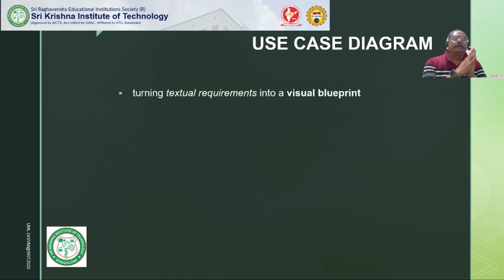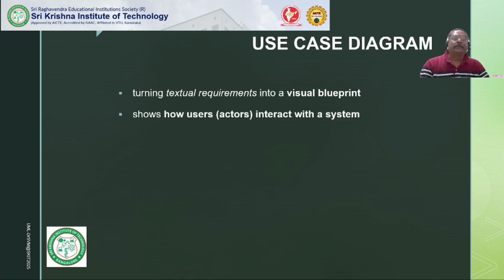So when the requirement collection team has interacted with the client, the client has given all the requirements, the requirements were collected, and the analysis is done, that whole thing is put in the form of text, but that's always going to be confusing. Therefore, to make sure that there is no ambiguity, it has to be converted into a visual form. So the use case diagram is a visual blueprint of the textual requirements. It shows how users, like other actors, interact with a system.